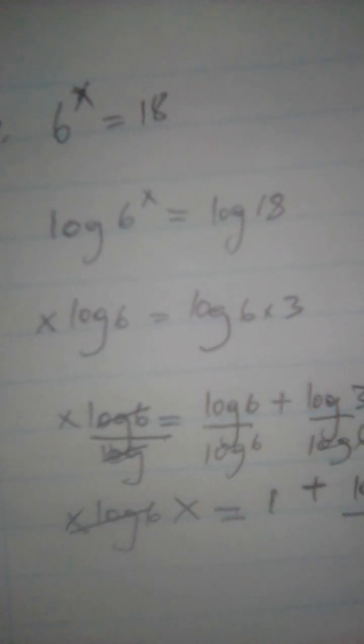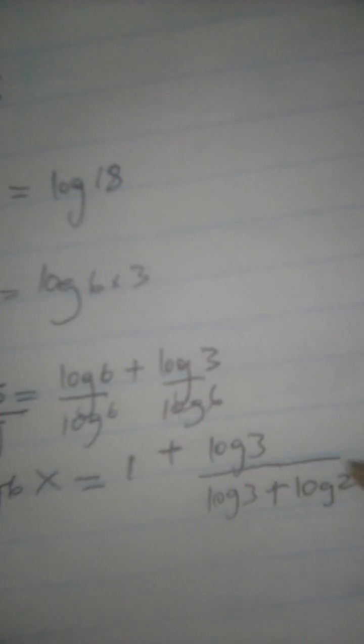Log 6 can be rewritten as log 3 multiplied by 2, which is equal to log 3 plus log 2. Dividing that is going to be 1 plus log 3 divided by 1 plus log 2.